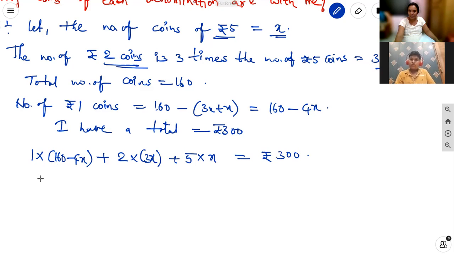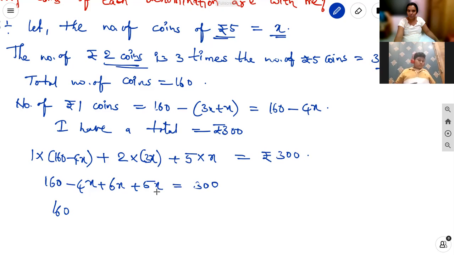Now we can multiply and simplify. 1 into 160 is 160 minus 1 into 4x is 4x plus 2 3s are 6x plus 5 into x, 5x equals 300 rupees. It is 160 minus 4x plus 6x plus 5x, that is 7x equals 300.